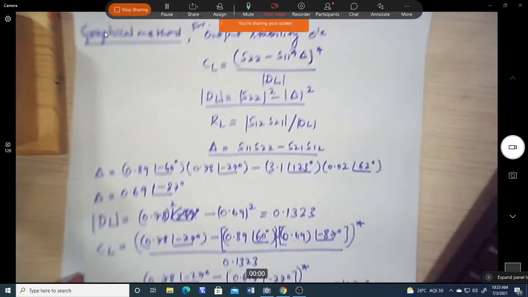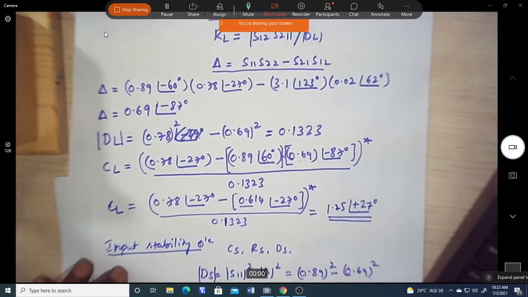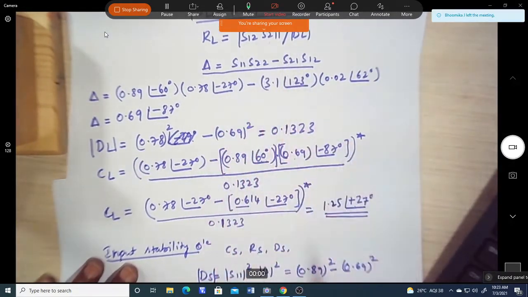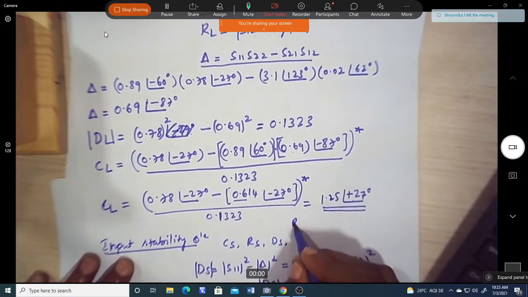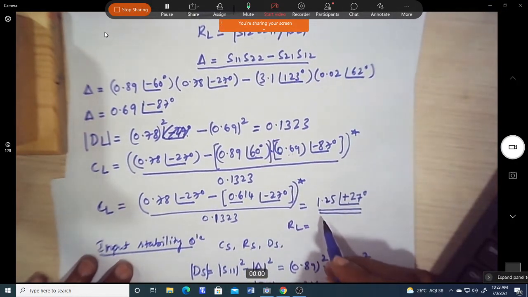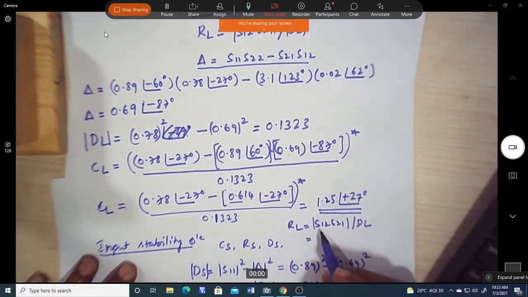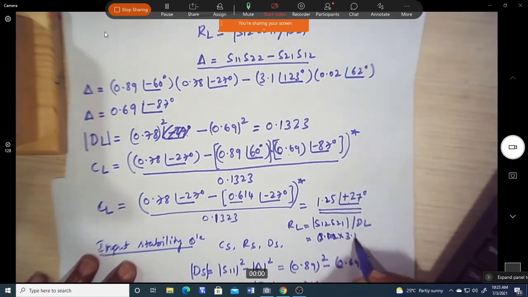So we need to get the value of RL also. RL is the magnitude of S12 S21 divided by the magnitude of DL. S12 is 0.02 and S21 is 3.1, divided by DL.